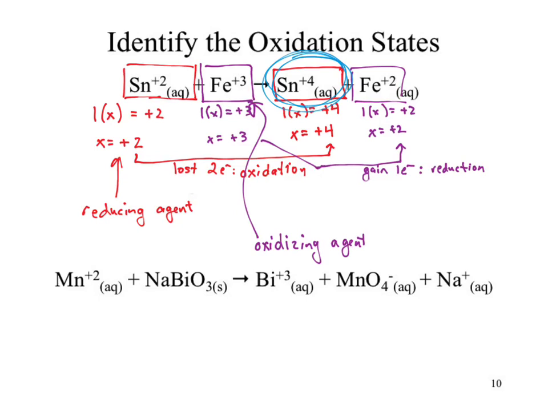It's not special anymore. It's not doing anything. It's just the end result of these other things. Our agents are things that get applied to the reactants, not to the products. How do we know the tin plus 4 is a product and not a reactant? It's on the other side of the arrow. That's how we know it's a product versus a reactant. Questions about what's up there?